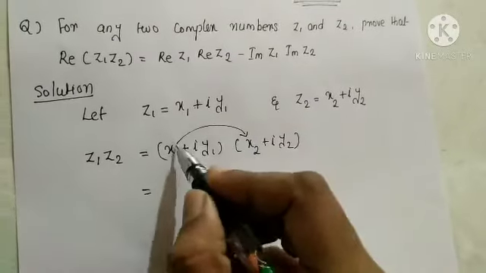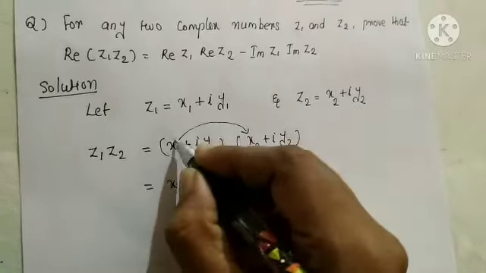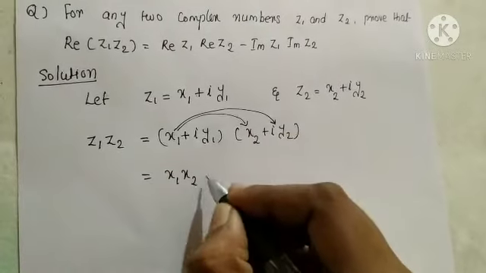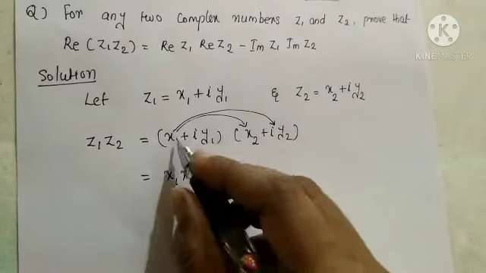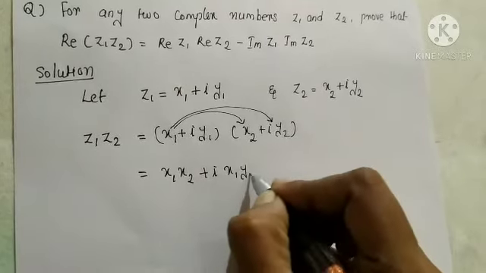So first, x1 into x2, plus x1 into y2 becomes i into x1 y2.